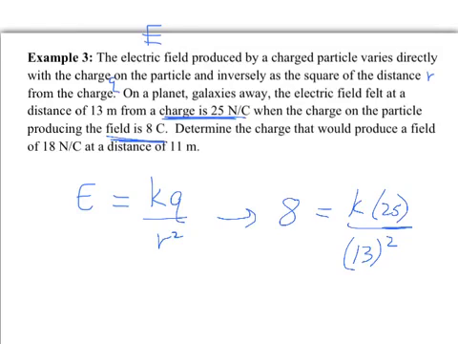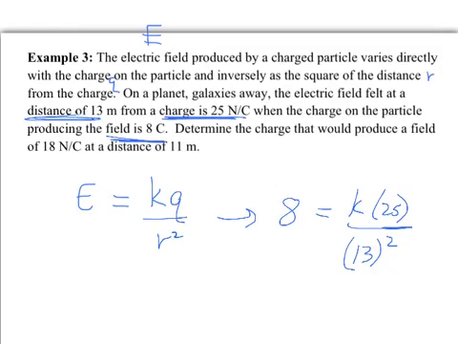So we solve for K in this problem. It looks difficult, but it's really not. You're just plugging in numbers. So you look at the values. It tells you distance of 13 meters. Distance of 13 meters means that goes in for R. Charge is 25. That goes in for Q. Field is 8. That goes in for E. So you're literally just substituting in what you used in the beginning.